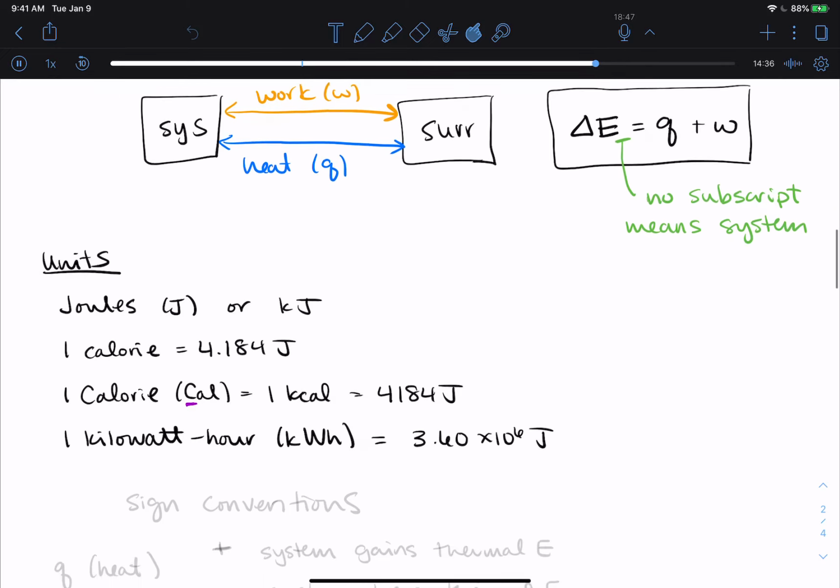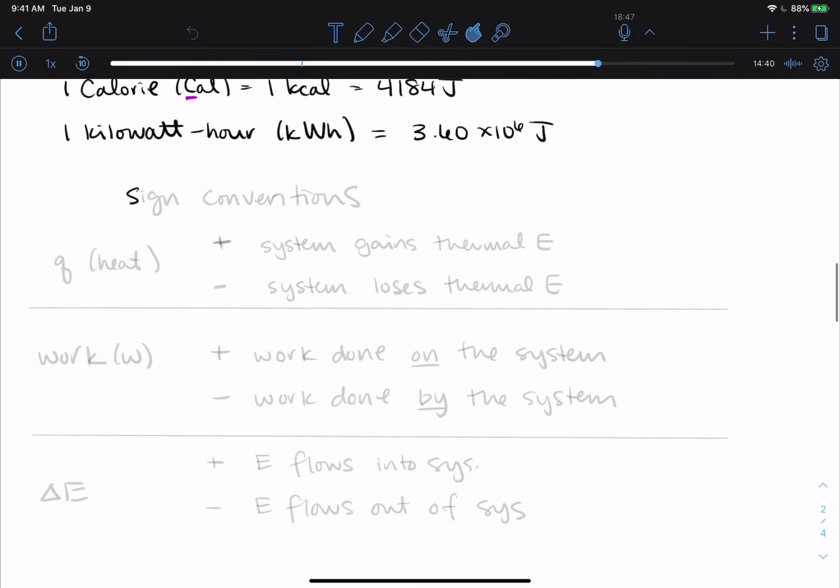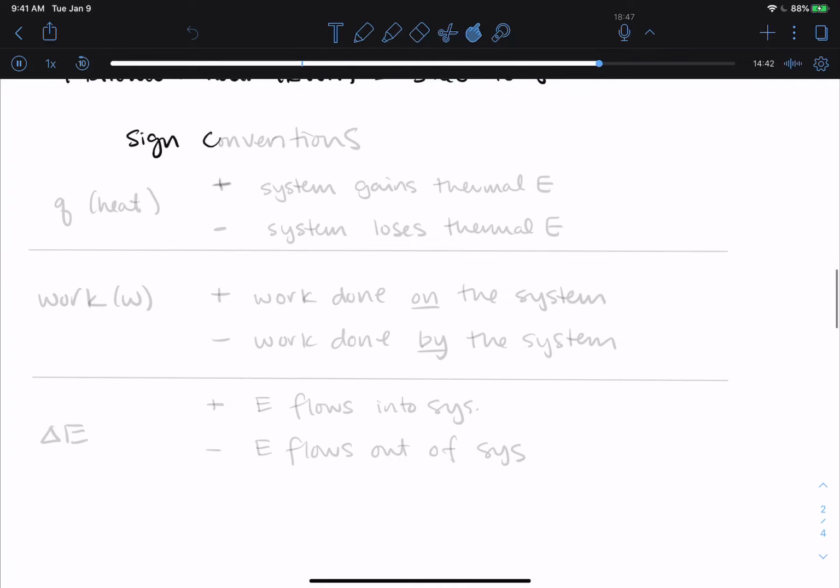All right, now the last thing that we need are sign conventions, which is basically, how do I know if my heat is positive or negative, if my work is positive or negative, and then what does it mean when the internal energy is positive or negative?